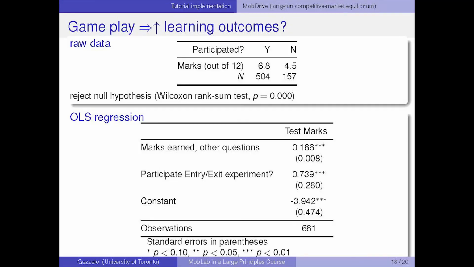So now we're basically looking at two students who did just as well as each other on the rest of the exam, but one of them attended the tutorial where they played the game, the other didn't attend the tutorial. And what we see here is that participation in the experiment is both economically and statistically significant. On average, almost 1 mark higher was earned.